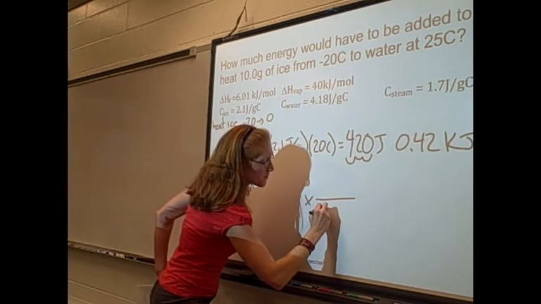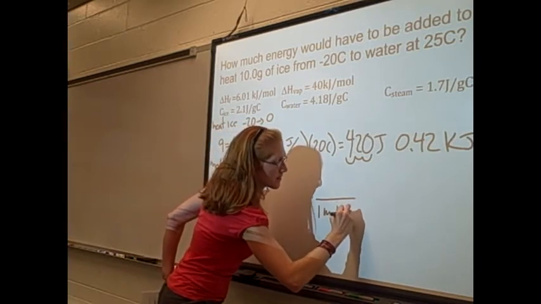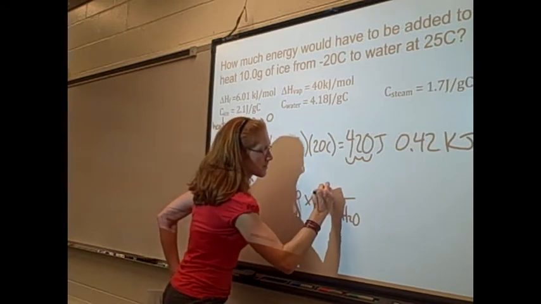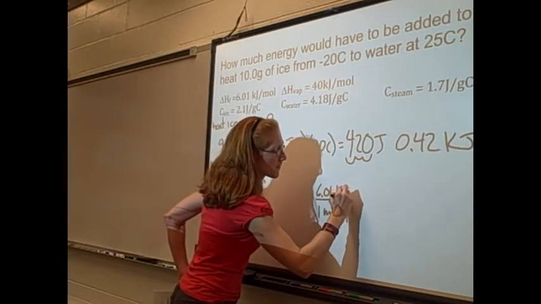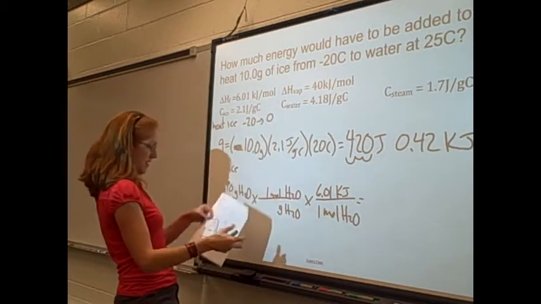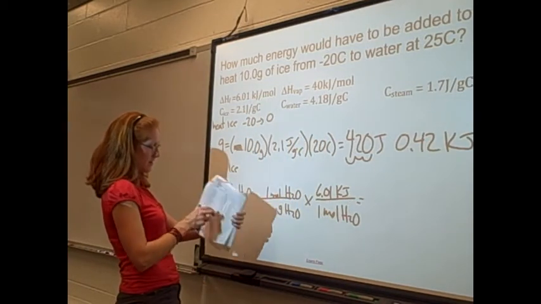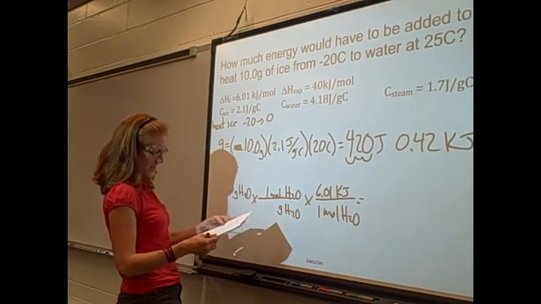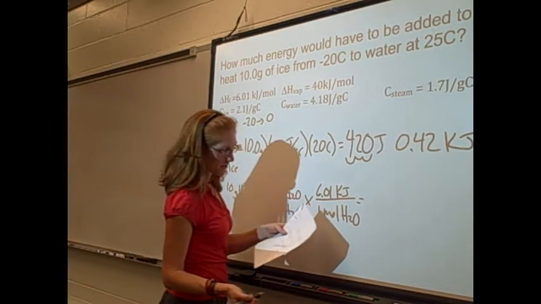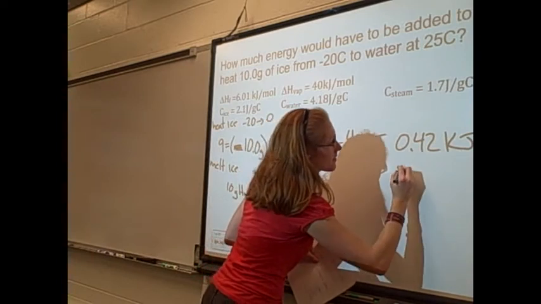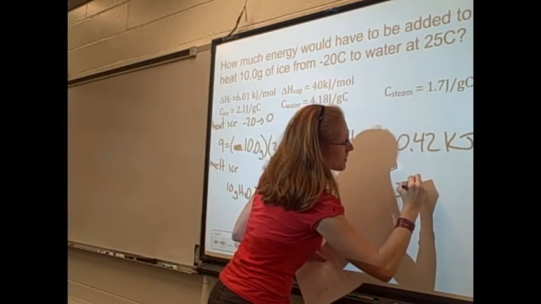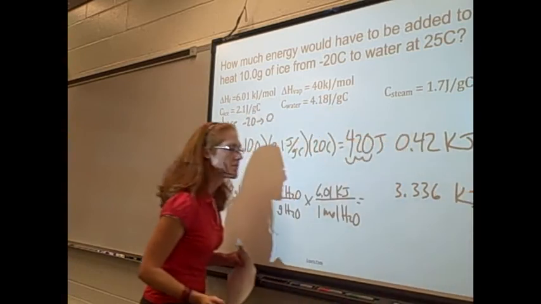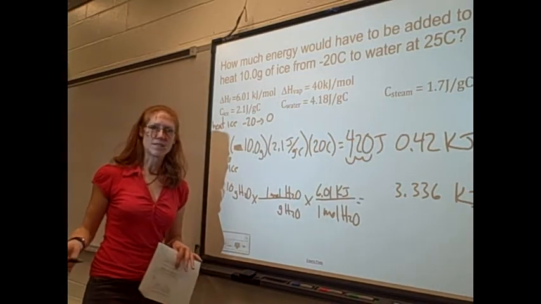So I'm going to say for every 1 mole of water, I add 6.01 kilojoules. Okay, and when I multiply that, I get that I just added 3.336 kilojoules.